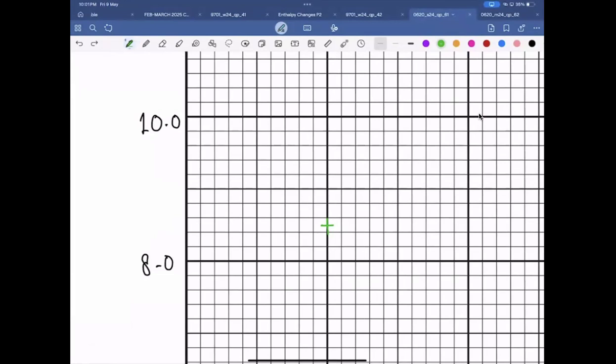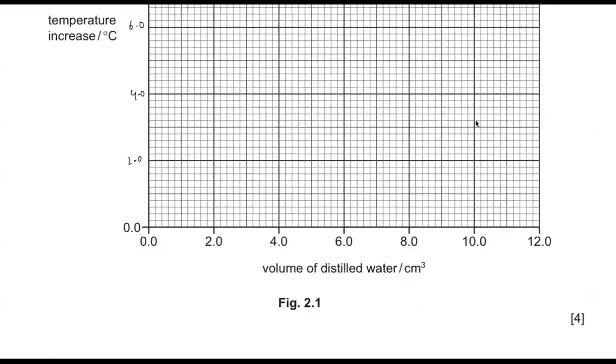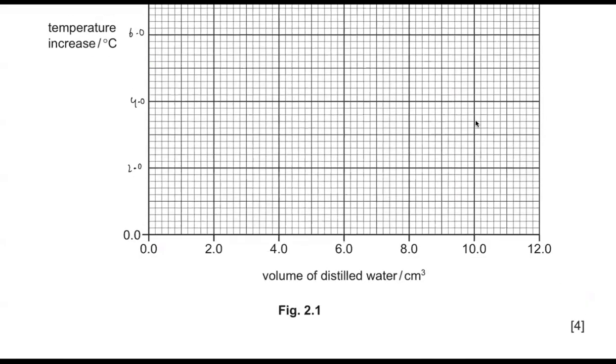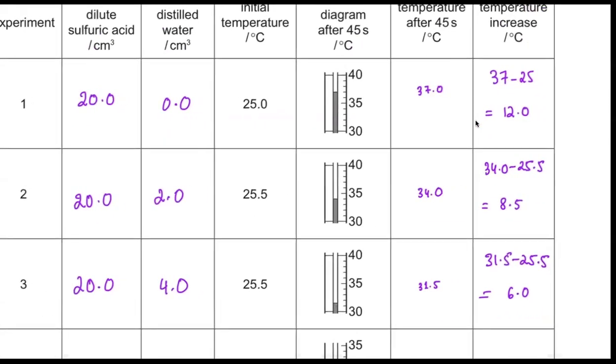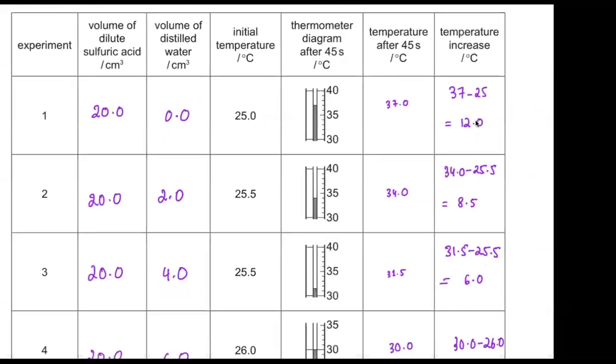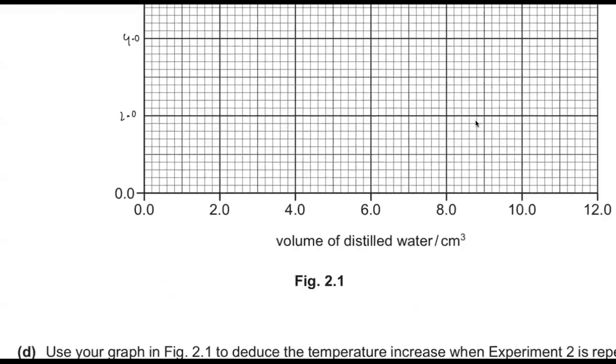So 8.5 is going to be 2.5 boxes, when 2 centimeter cube of volume of water has been used. When 4 centimeter cube is used, the raising temperature is 6. So at 4, it is going to be 6.